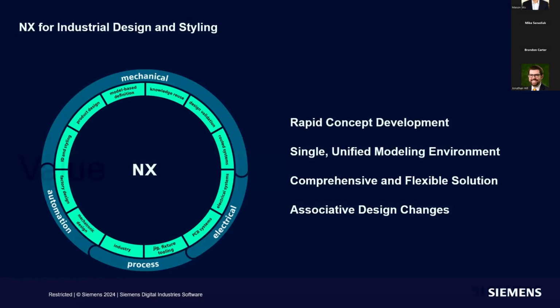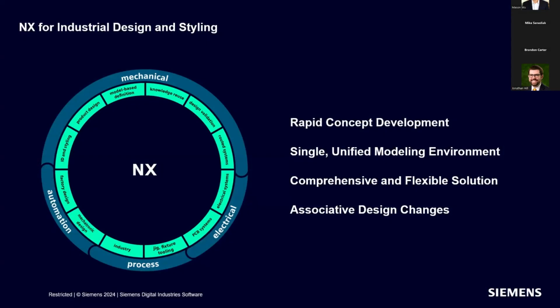So really, to close out, the value we talked about is having a rapid concept development tool built right into NX. You don't have to go somewhere else to use that. That provides you a single unified modeling environment, no matter what type, whether it's faceted geometry, B-rep geometry, curve geometry, or subdivision geometry.